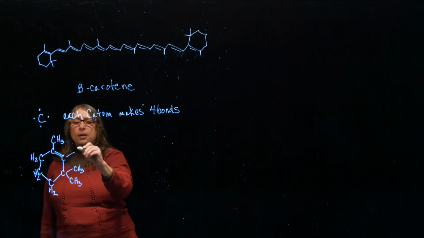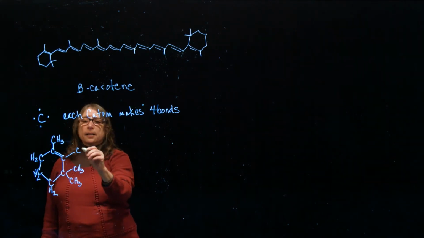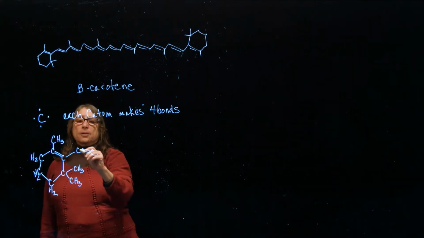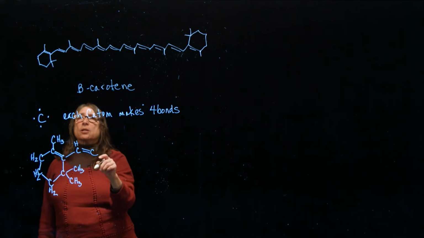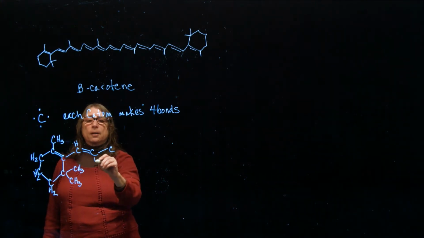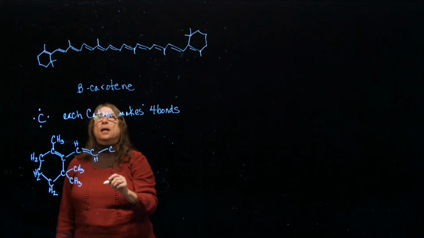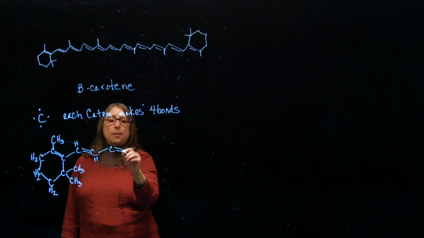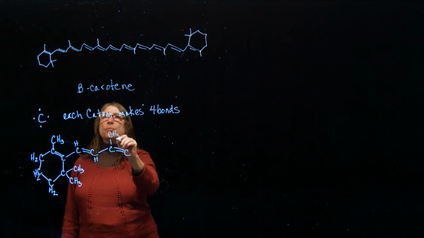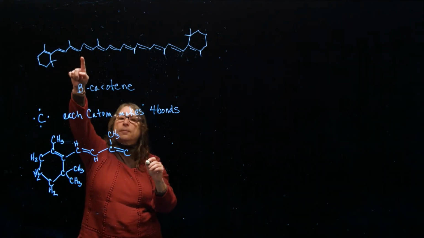I have another carbon, and it's double bonded to a carbon. And so this one must need a hydrogen. And then this one is single bonded to a carbon, so it must need a hydrogen. This is double bonded to a carbon and has another CH3 group up here.